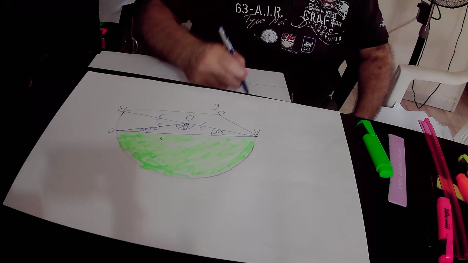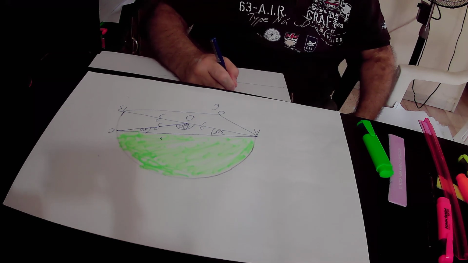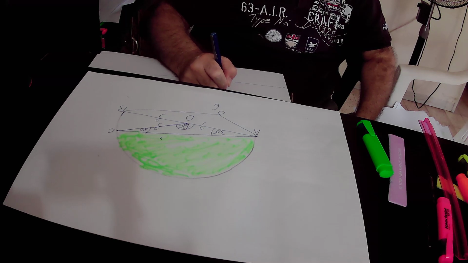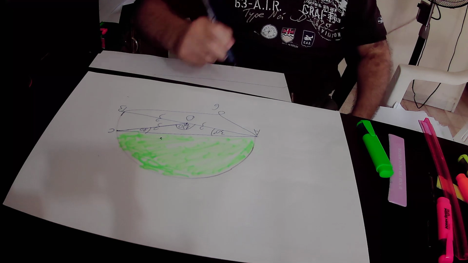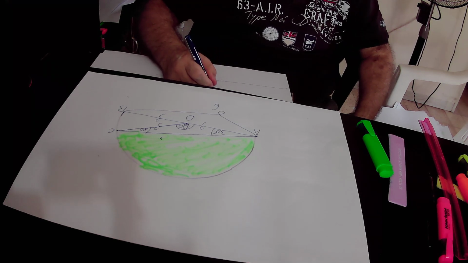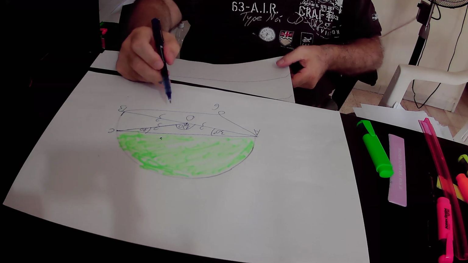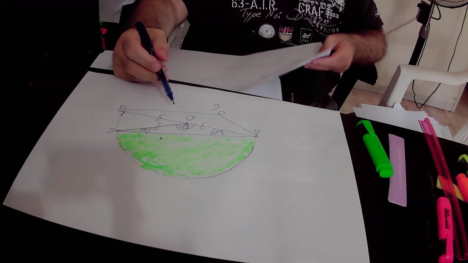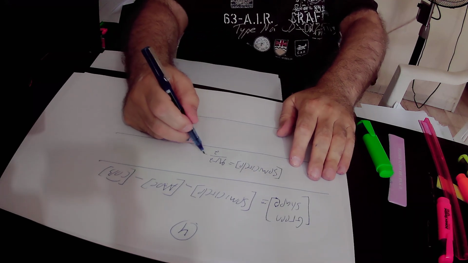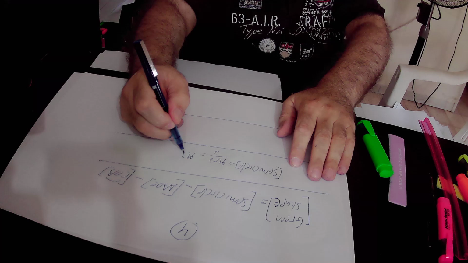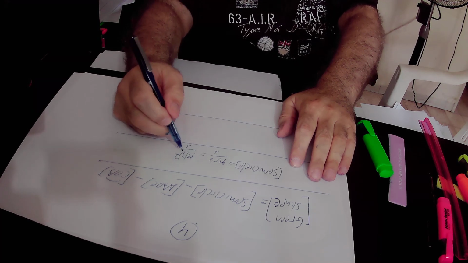So what is the area of the semicircle? The area of the semicircle is equal to pi r squared over 2, the area of the circle over 2. We have already found out that the radius of this semicircle is r equals 3, so pi r squared over 2 is pi times 3 squared over 2. 3 squared is 9.